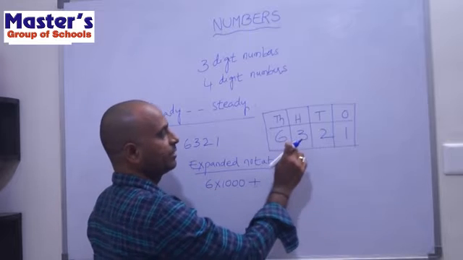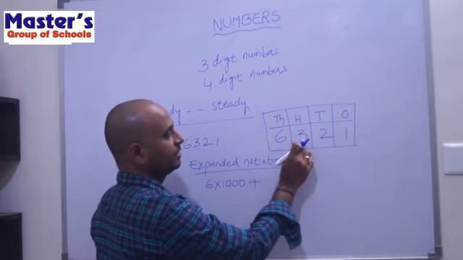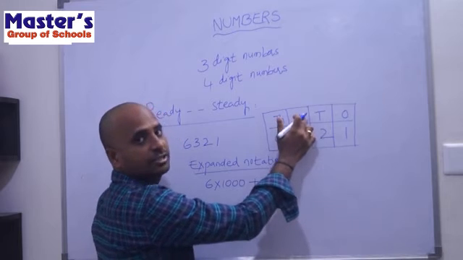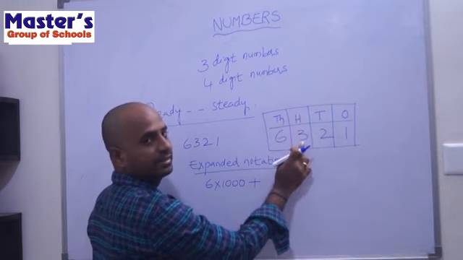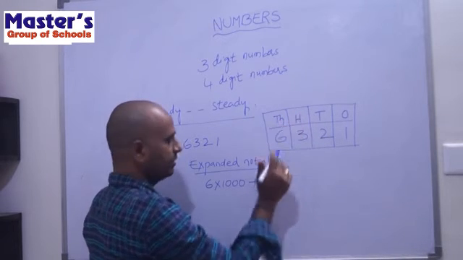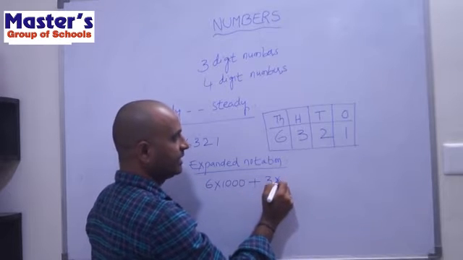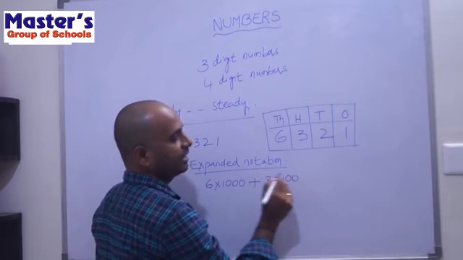Now go to the next digit, which is 3, and 3 is in the hundreds place. So multiply 3 with 100.